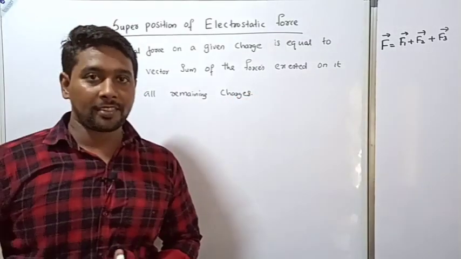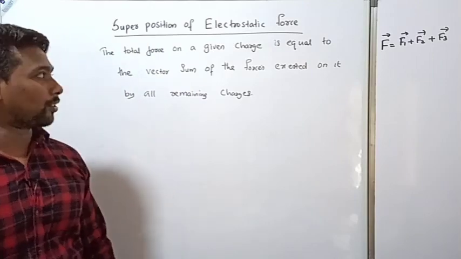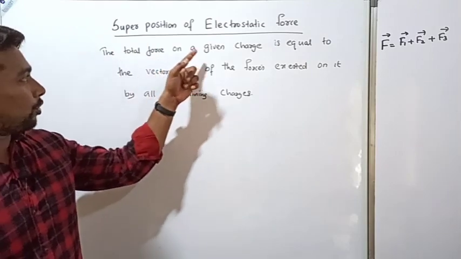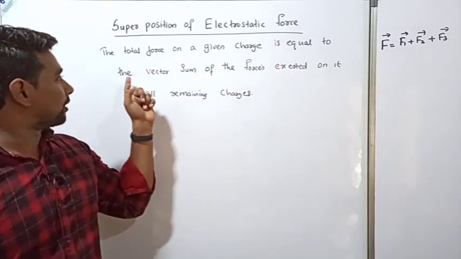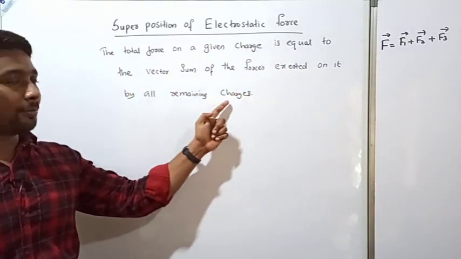Let's look at the definition for superposition of electrostatic force. The total force on a given charge is equal to the vector sum of the forces exerted on it by all remaining charges.